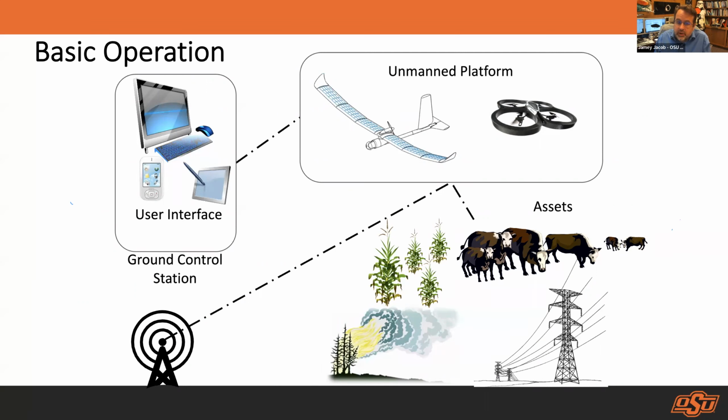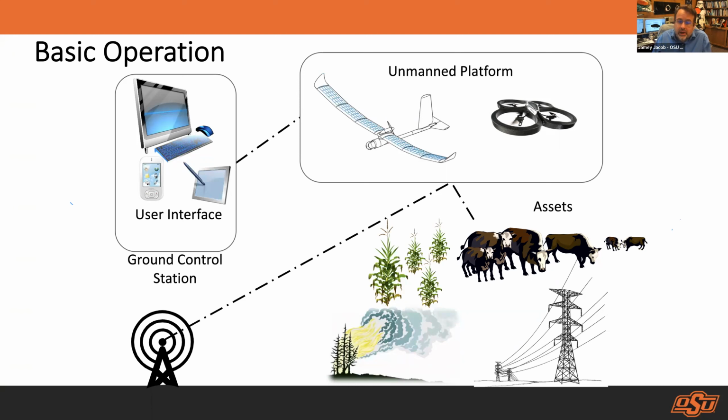Now, sometimes that can be a direct telemetry. Other times that can be actually going through the cell phone network for that communication itself. And then that vehicle is, of course, doing some kind of observation or monitoring on whatever asset it is that you're looking at, whether it's livestock, crops, wildfires, infrastructure. That's really irrelevant to our discussion today.